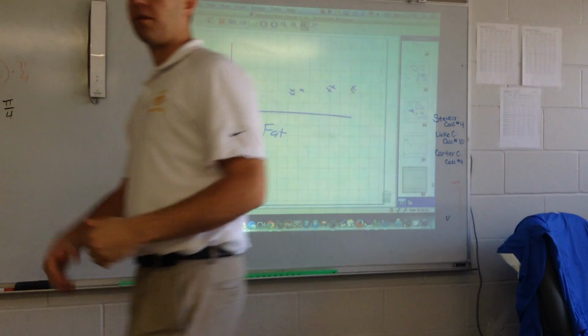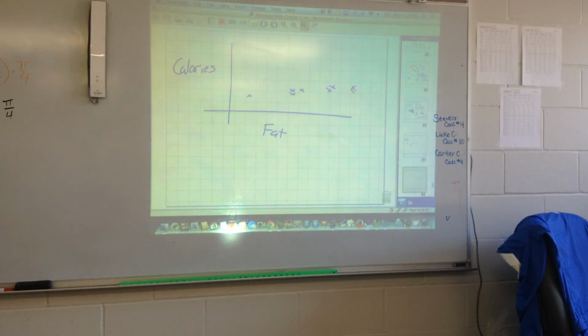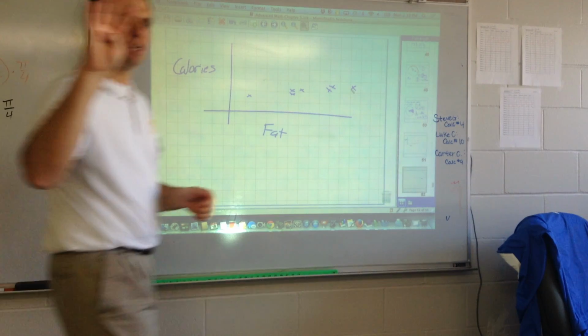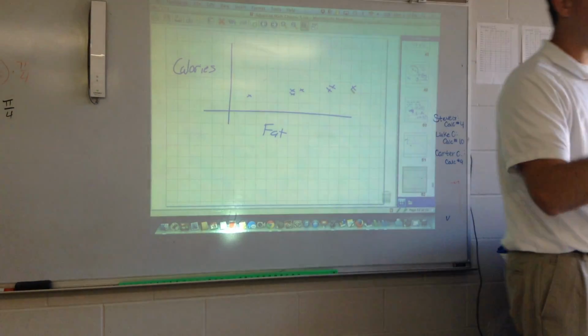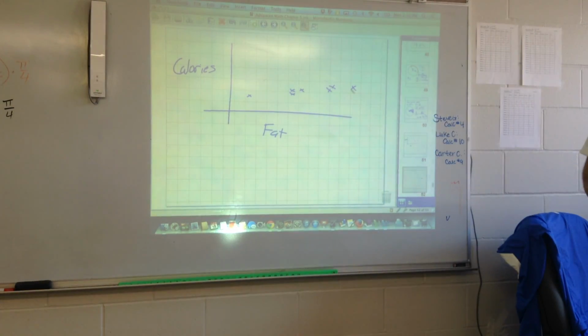A refresher: strength, it looks fairly strong based on the graph we have now. Shape, linear. Direction, positive. Outliers, it doesn't look like it has any. Know those 4 things that you need in order to describe some sort of correlation.